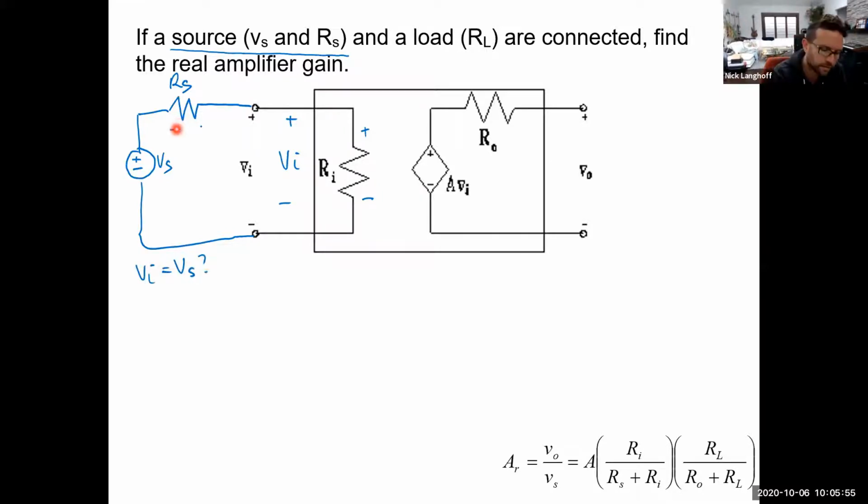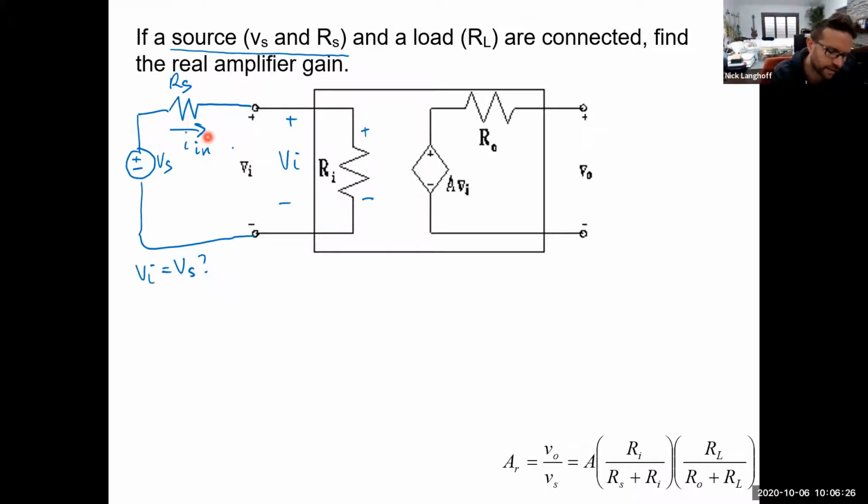Maybe not, because there's going to be some current drawn into the input of the amplifier. If it were an ideal amplifier, where the input resistance was infinite, there would be no current coming in, and you could say that VI was equal to Vs.